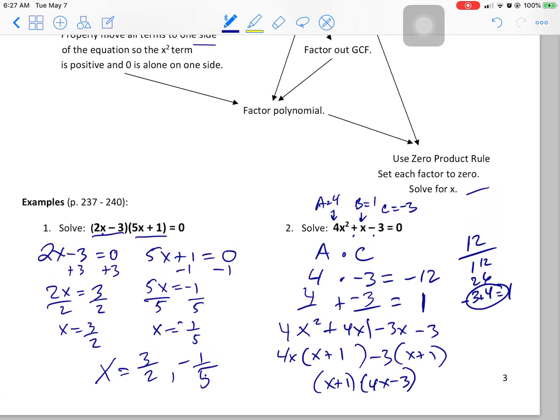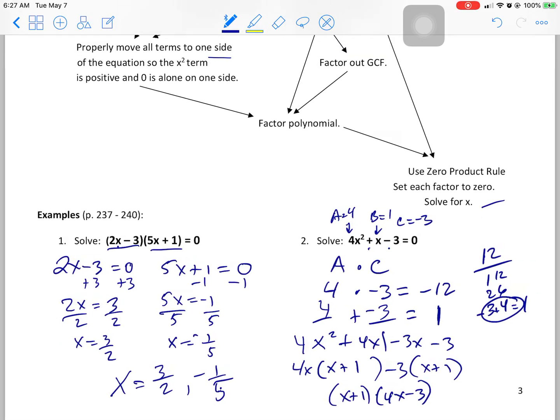All right, and I'm kind of out of room here. What I need to do next is the zero product rule. Sorry, I have to go kind of up here for a second. x plus 1 equals 0. 4x minus 3 equals 0.